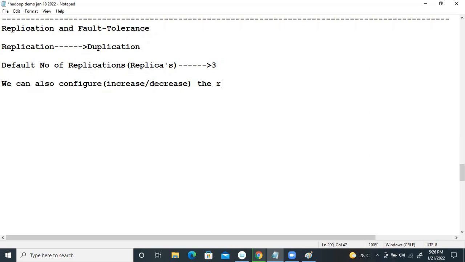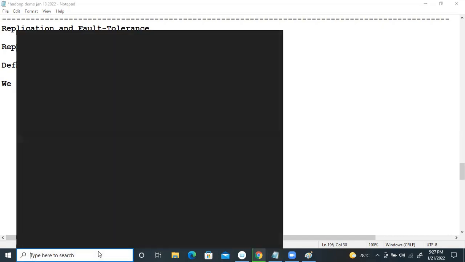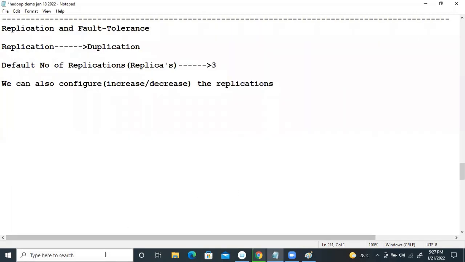I'll show you later how to configure it, once we discuss this example. Just observe now how these replications are applied: is it applied to the file or to the blocks?